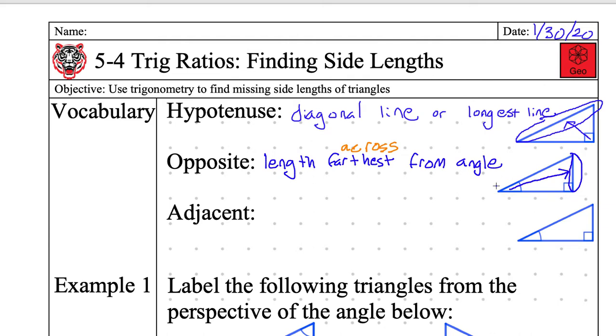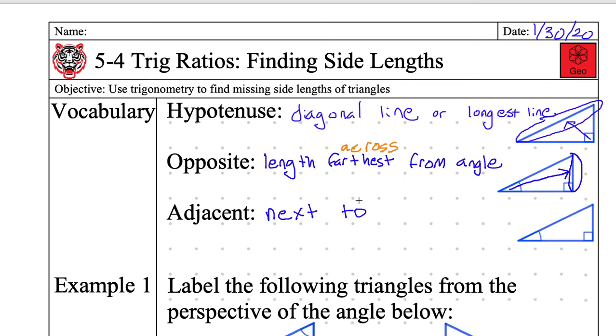And then finally, the adjacent. Does anyone know a synonym, another word for adjacent? With the quiet raised hand. Yeah, Andres? Next to, or like. Yeah, adjacent. Let's go ahead and just write the word next to. So if you're flaunting your language and you're talking to your parents, you're like, our adjacent neighbors were quite noisy last night, and you would be talking about your next door neighbors.